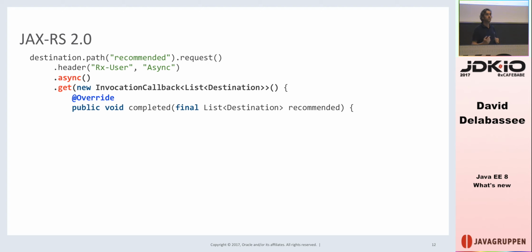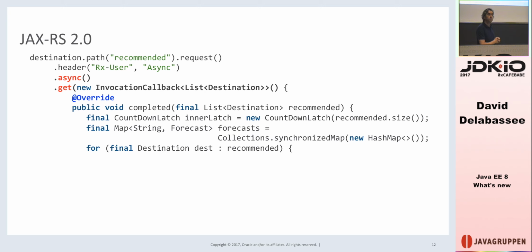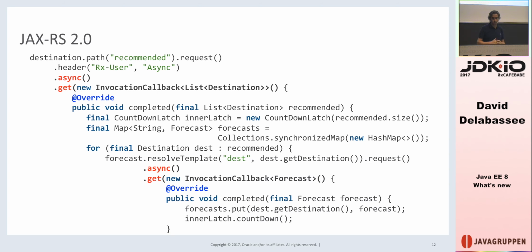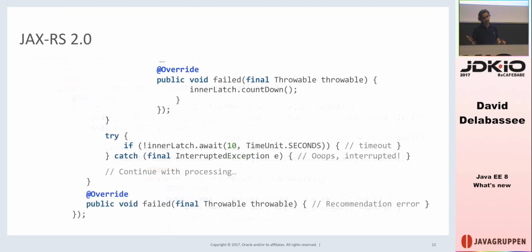The first one is the completed callback, the one that will be invoked when we have the result, so when we have the potential destinations. In that callback, we will do another request. We will have all the destinations that we are about to suggest, and for all of those, we will do an async request to get the forecast. We want to do that in an async fashion as well. That means we have to specify another invocation callback with 2 callbacks, and so on and so on. So I guess you see where I want to go.